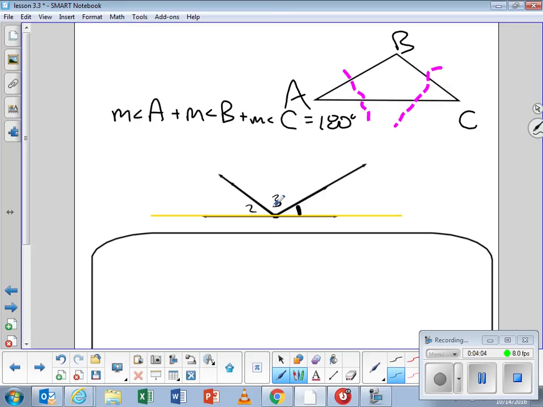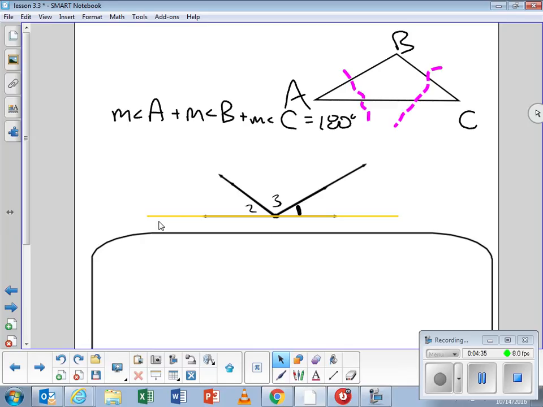When I put those three together, what's the result? 180. They make this line, this yellow line right here. When you put those three together, they add up to that yellow line. So all three of those form a line.